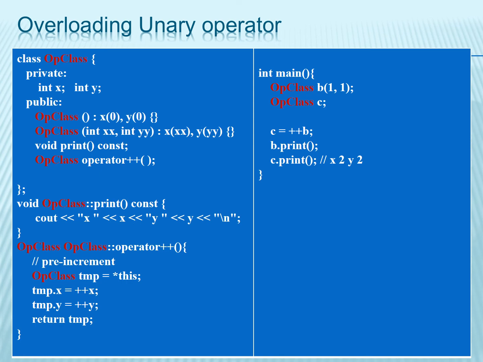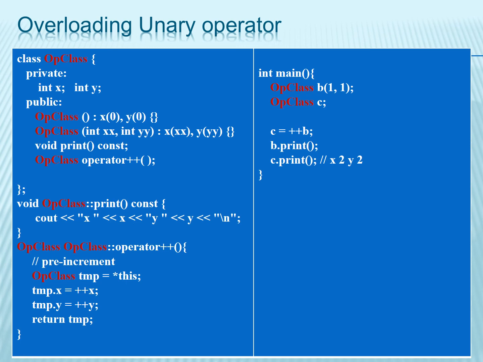In the main function, we create two objects B and C of OP class. The x and y values of object B are assigned a value of 1. The assignment statement C equals plus plus B calls the overloaded function operator plus plus.